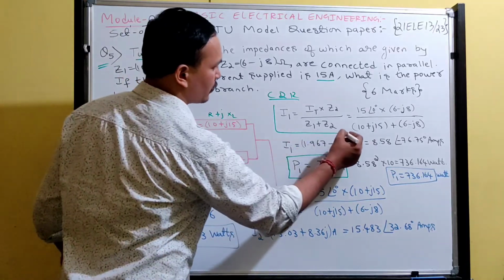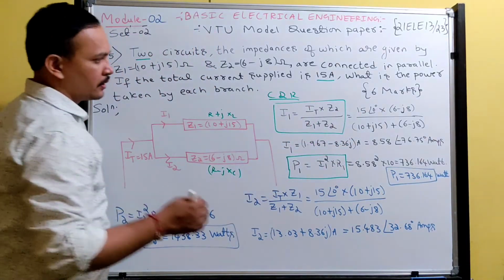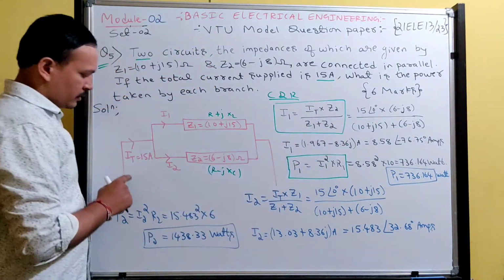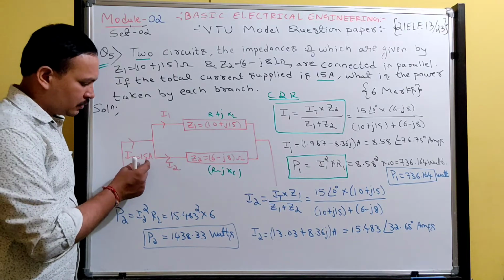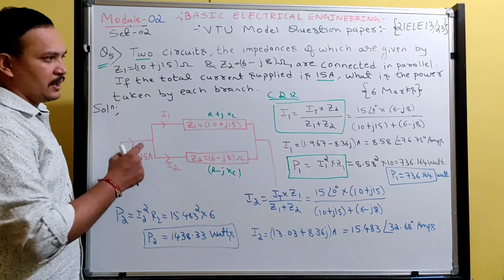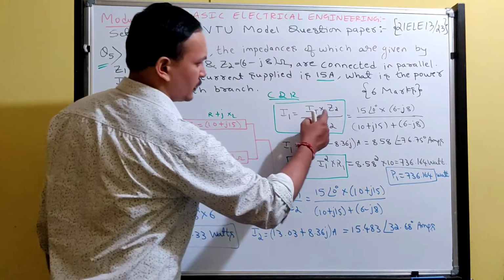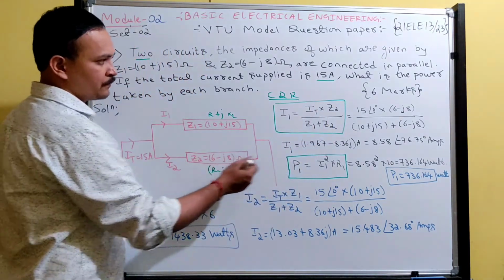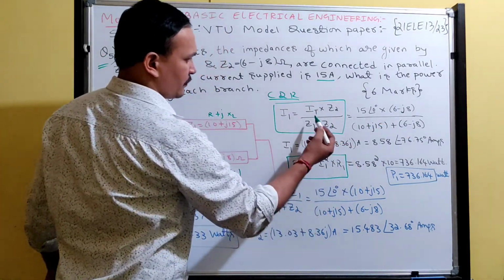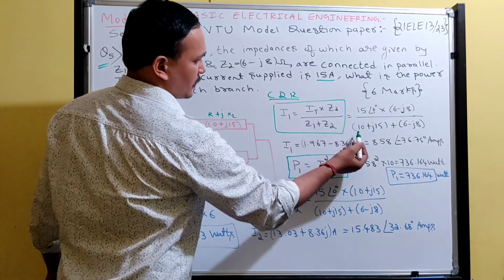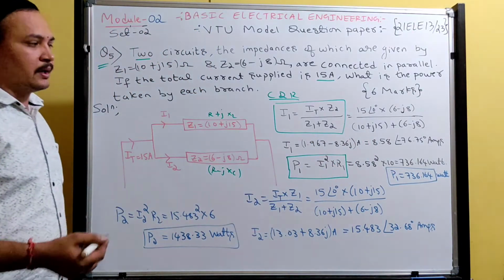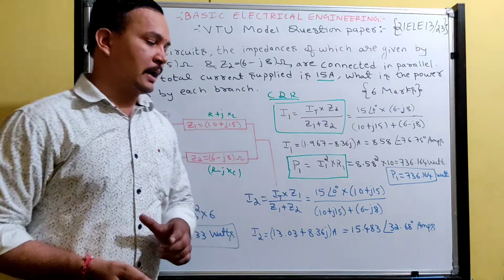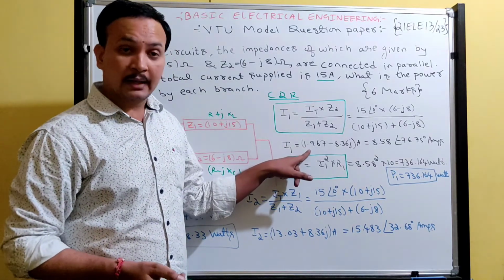Only this you have to remember. Now enter all the values. They have given 15 ampere current. You write in polar form: 15 at an angle 0 degree into Z2, which is 6 minus J8, divided by Z1 plus Z2. Enter the value in the calculator. By default, in the calculator you will get the answer in rectangular form.